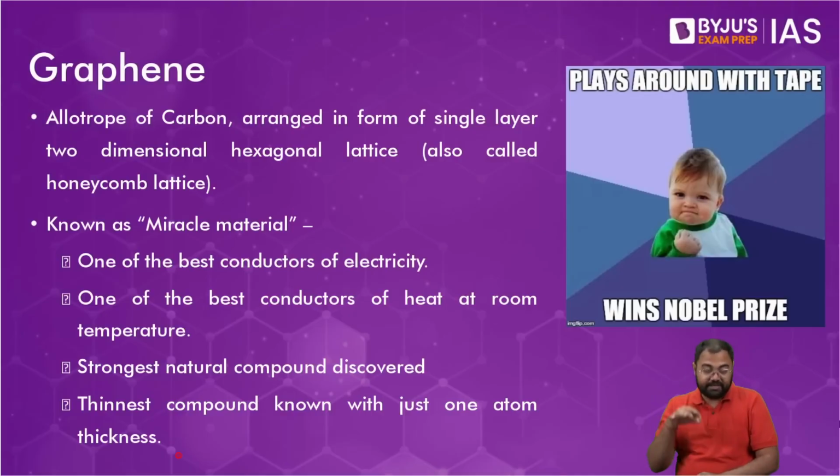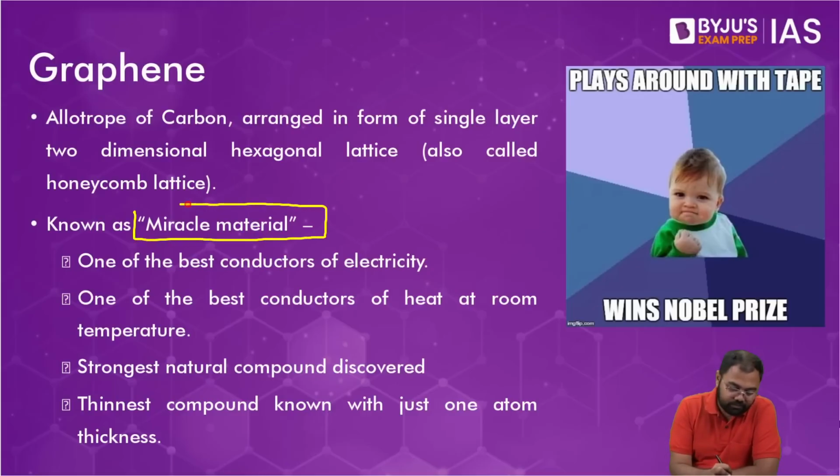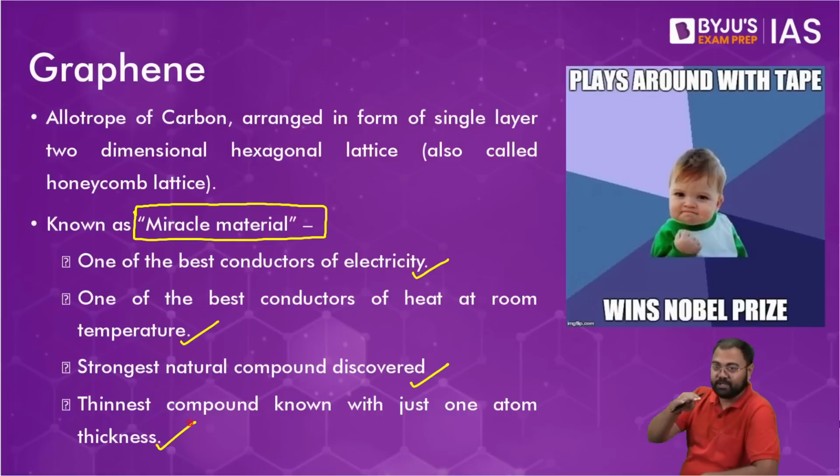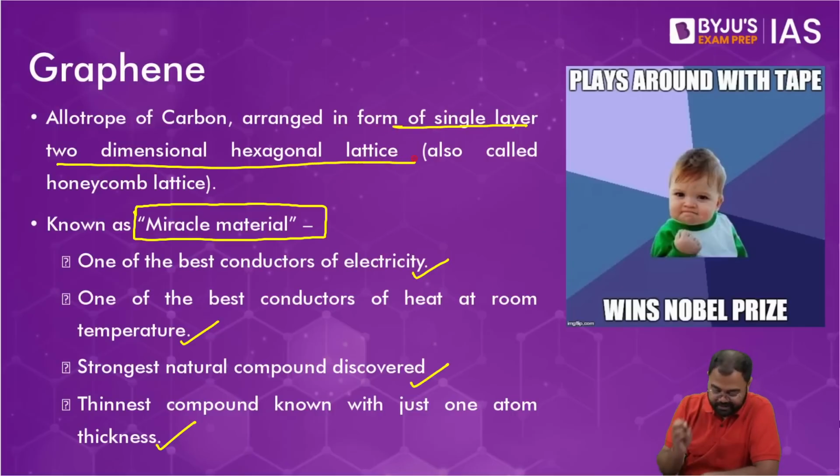Now this graphene, once discovered, was named a miracle material. So what is so miraculous about it? It was seen as one of the best conductors of electricity, one of the best conductors of heat at room temperature, the strongest natural compound ever discovered, and one of the thinnest compounds known, with just one atom thickness, because it's a two-dimensional sheet, a single layer of two-dimensional hexagonal lattice.